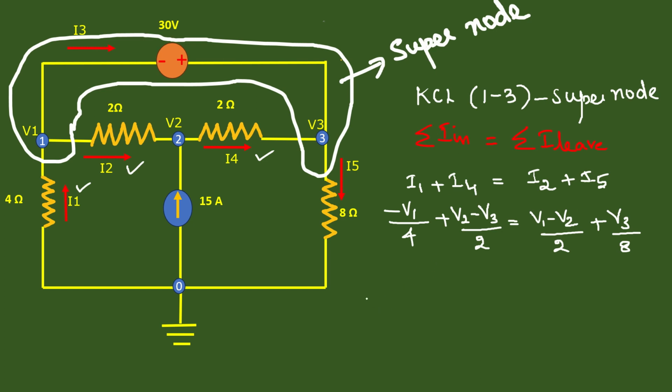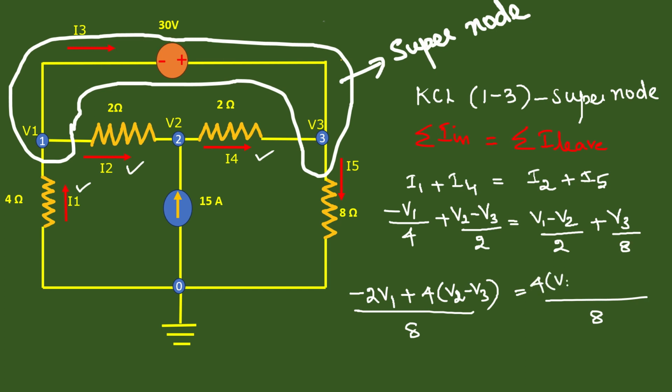If you take the common denominator here, this is 8. So you can write this as minus 2V1 plus 4 into V2 minus V3, that is equal to 4 times V1 minus V2 plus V3.